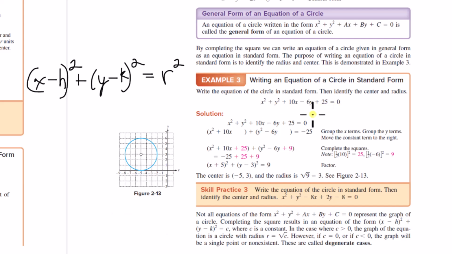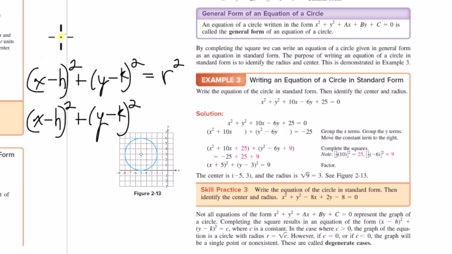In general, when you go through the whole completing the square process, you force the x to have an x plus or minus a constant squared, and plus y plus or minus a constant squared. So you force this to match up well.